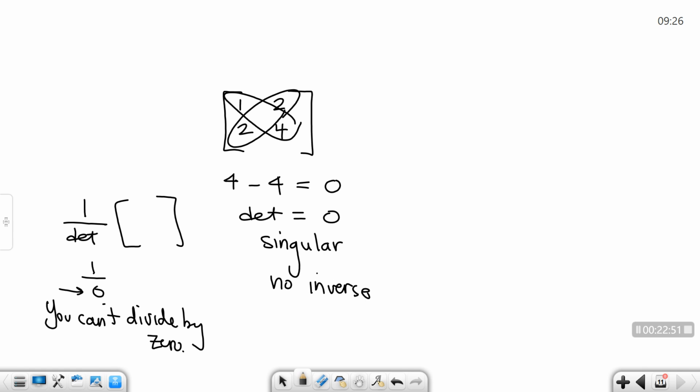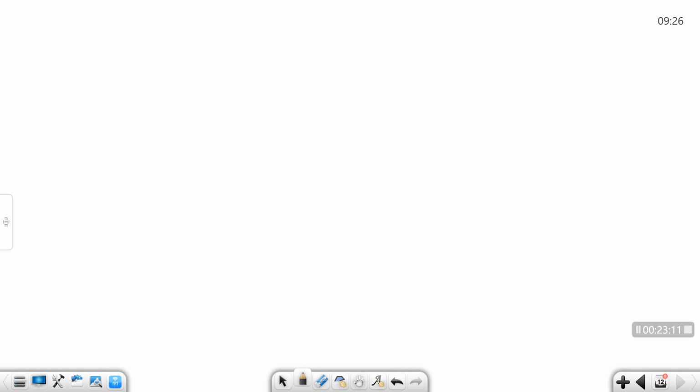Done that. Diagonal. Find the inverse. We did all that. Find the inverse. Use it to solve. Okay, so let's do one more just to make sure.